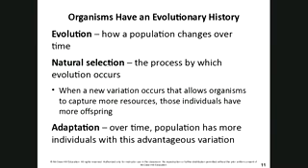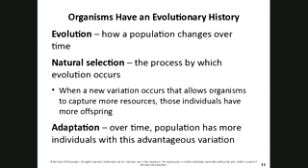Since it's better suited, it is going to be able to use more resources and have more offspring, so that in subsequent generations you're going to see more organisms that have this new variation. That is what we consider natural selection, and over time that will be considered evolution.